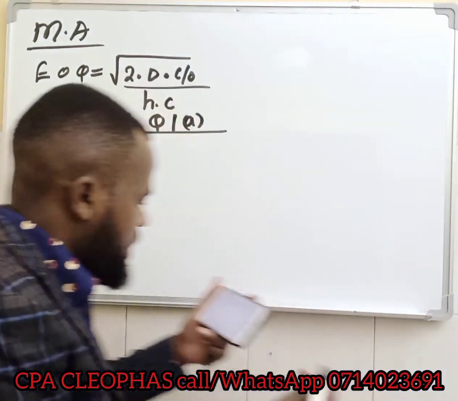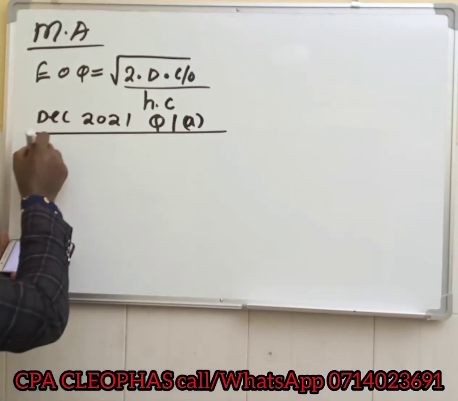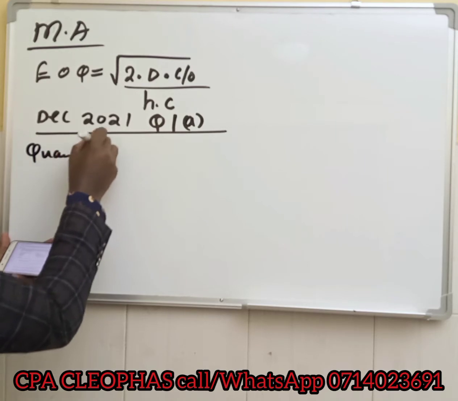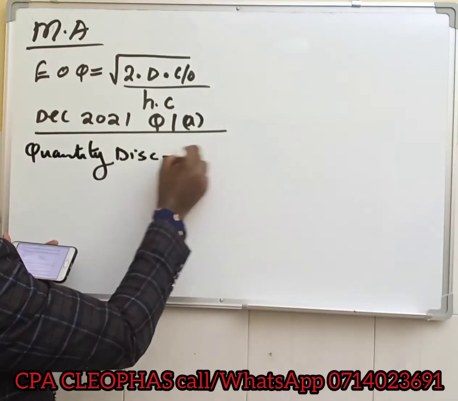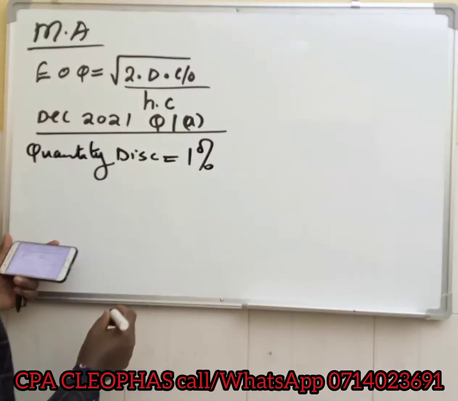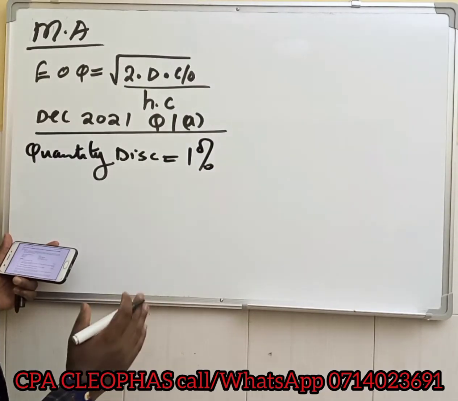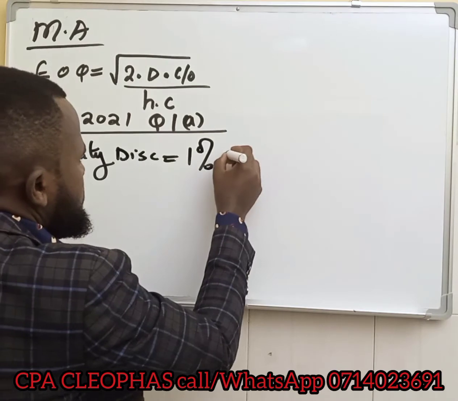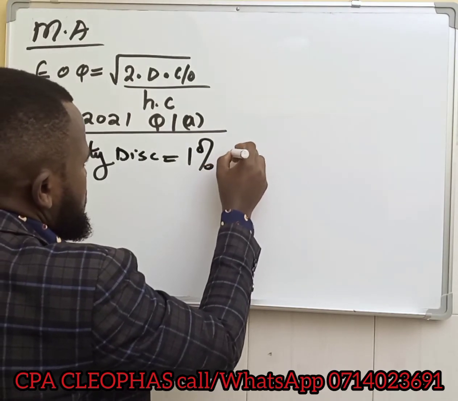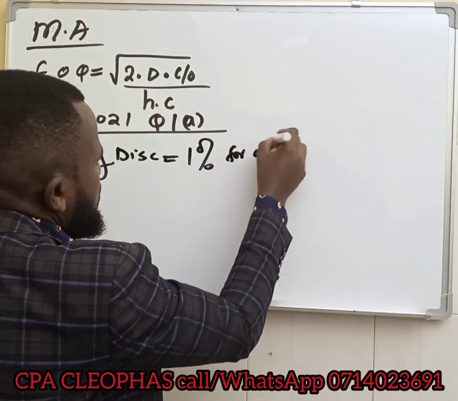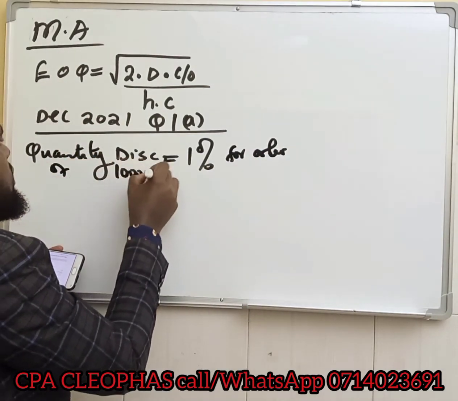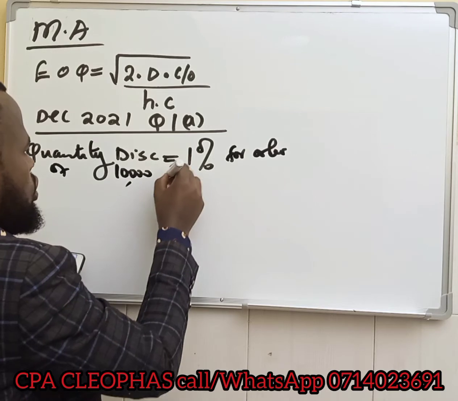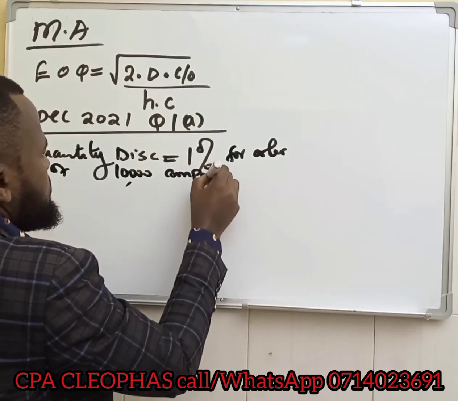So what we have been given here first is the quantity discount. Let me summarize the question so that as we do it, we know. Quantity discount is 1% if Blade places an order of 10,000 components or units.